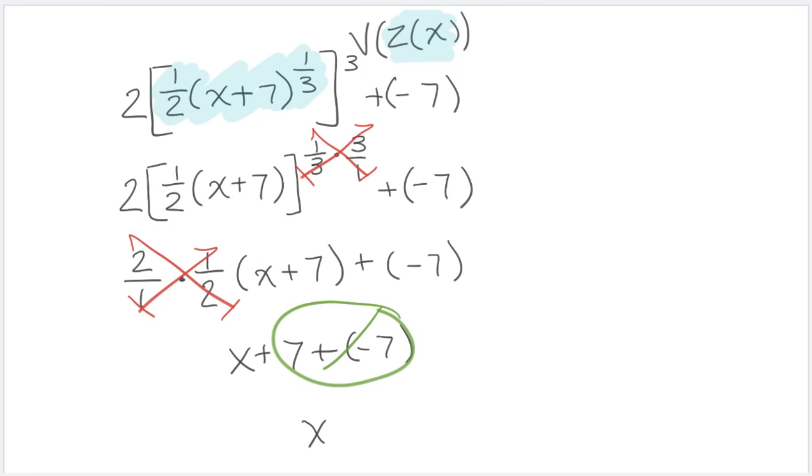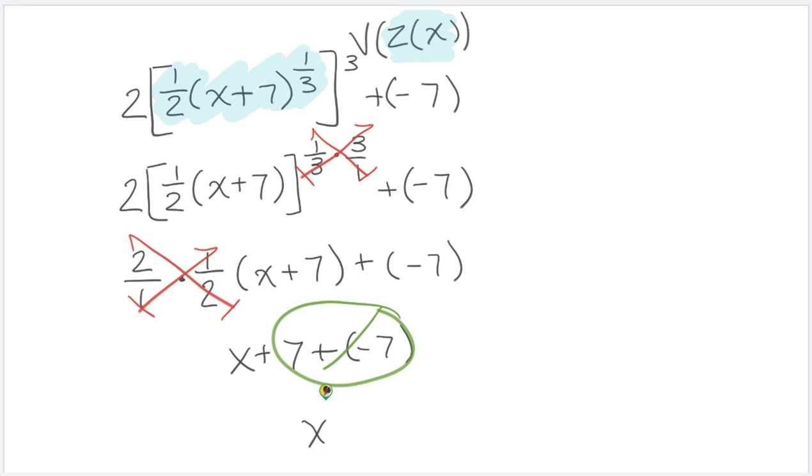So on the second page, because composition of inverse functions works both ways, we can compose z of x and v of x both ways, and we should end up with our identity function x, which you'll see at the bottom.